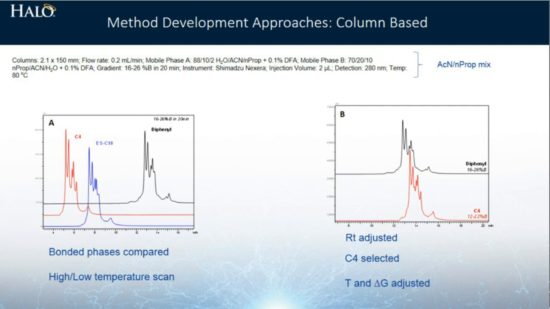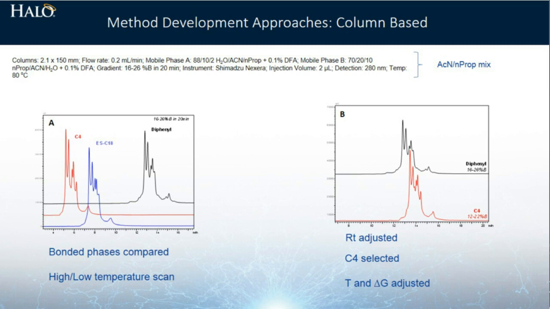We compare three bonded phases at a couple of different temperatures, and we pick which one we think looks best at pulling apart the variants. In this case, it turned out to be the C4. We adjusted our gradient start and end conditions to get it towards the middle of our chromatographic retention window.